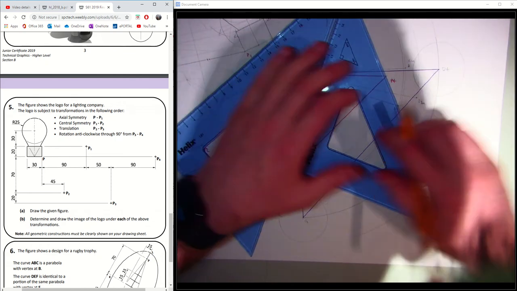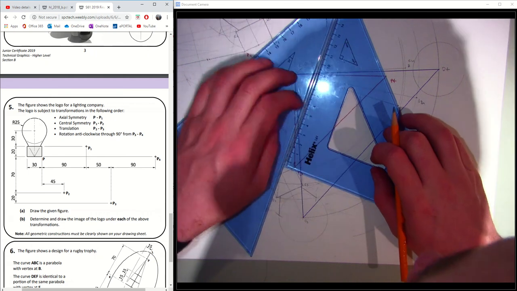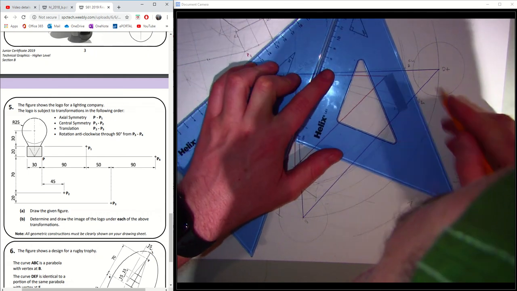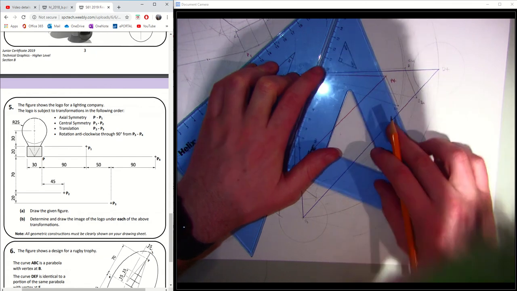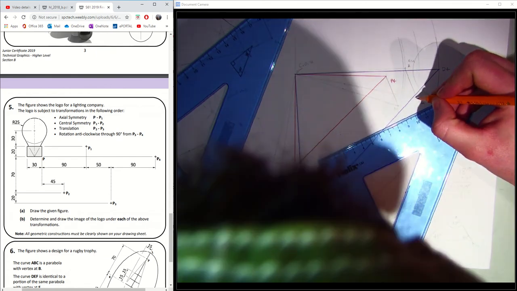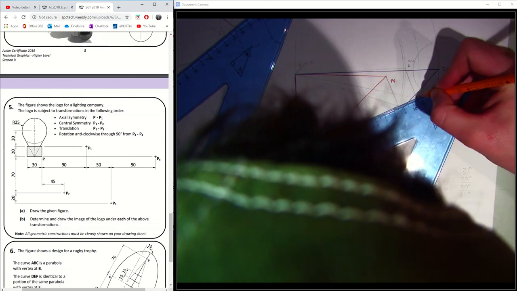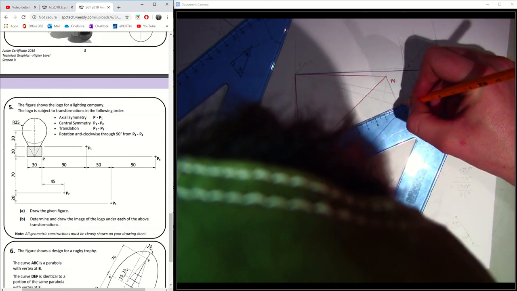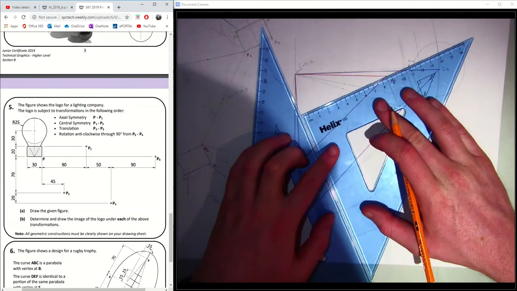So we'll go parallel, and my points should line up perfectly there. The next two, so B4 joins to A4, and then I'm bringing this up, like that.